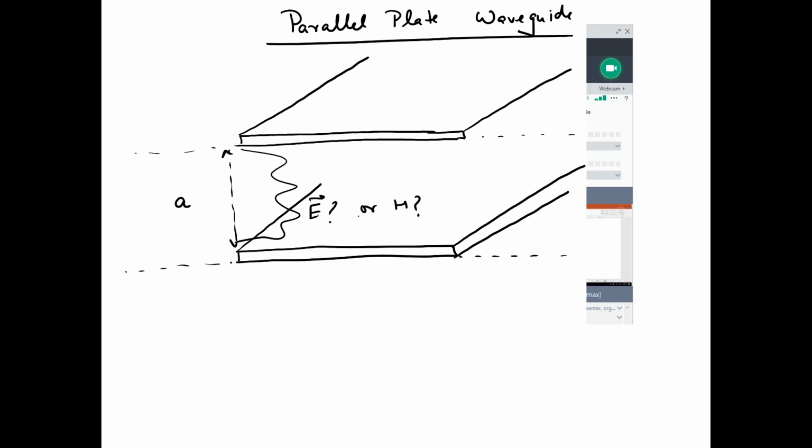So they are infinite in the y direction. Let's call this direction x, this direction y, and coming out of the board z. I want to see what kind of an electromagnetic wave would be created, and how it would propagate in this direction.